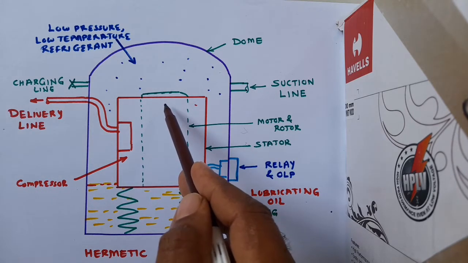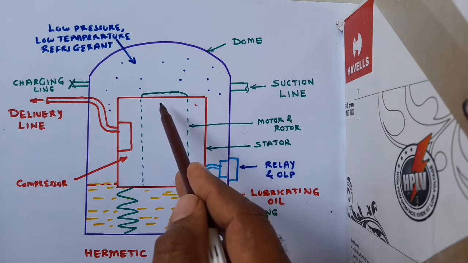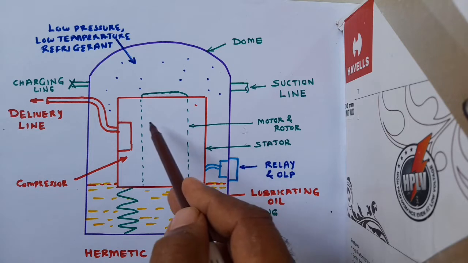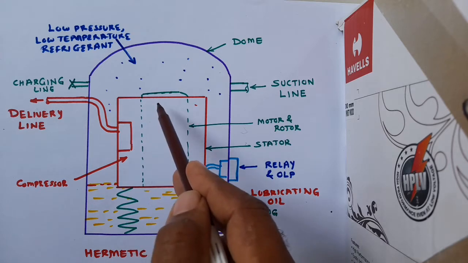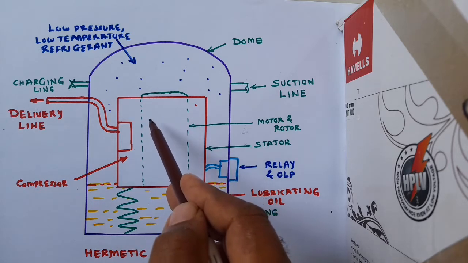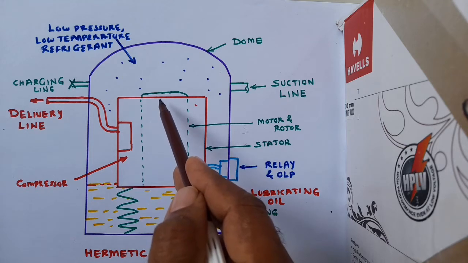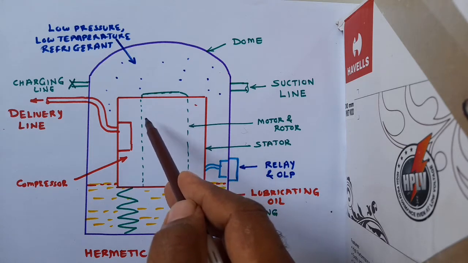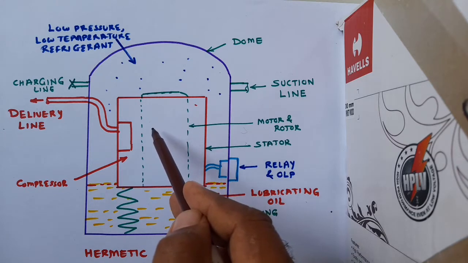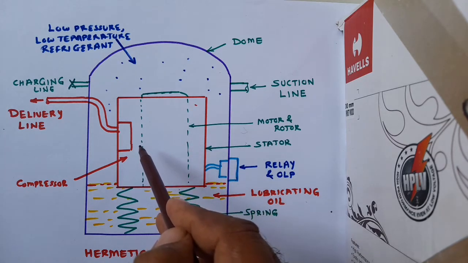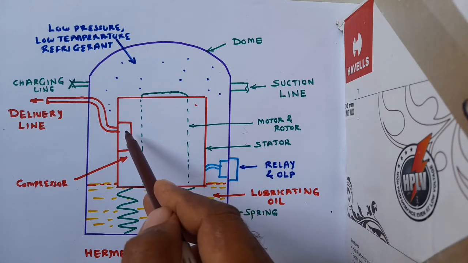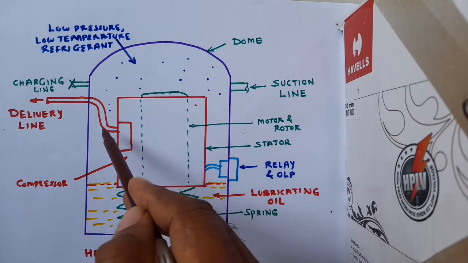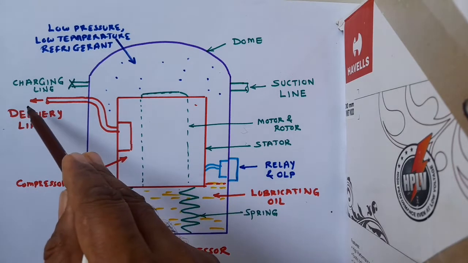Intake valve remains open through which the refrigerant is admitted into the cylinder, while the delivery valve remains closed. During the next stroke of the compressor, the delivery valve remains open and the suction valve is closed, and the compressed refrigerant is allowed to pass through a muffler or silencer, where undue noise is reduced, and then the compressed refrigerant at high pressure and high temperature is delivered through this delivery line to the condenser.